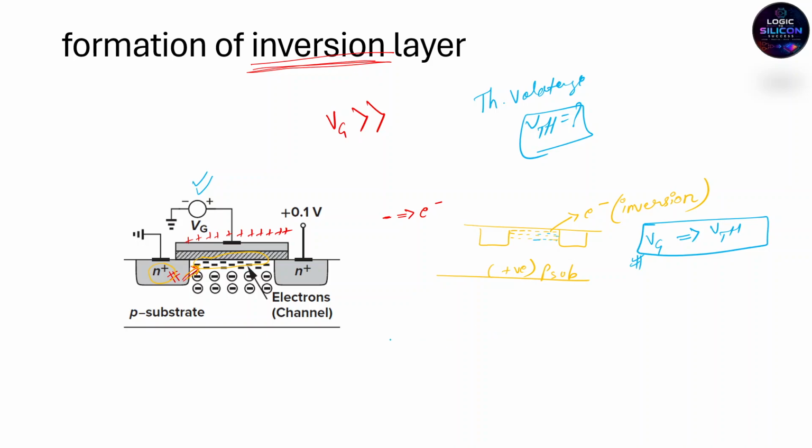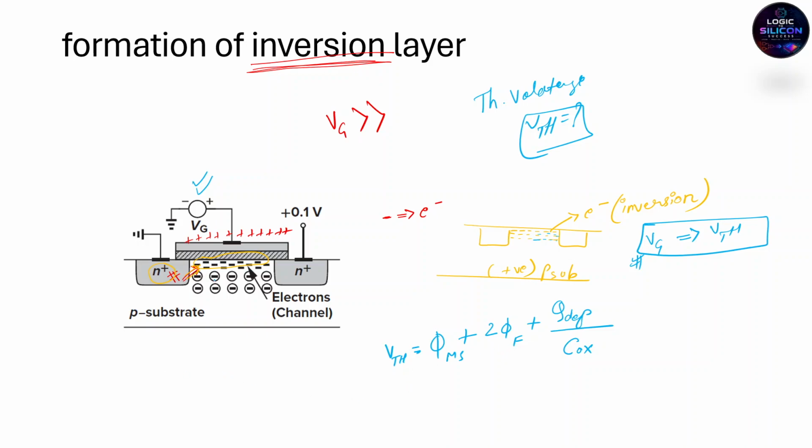There is a famous equation of the threshold voltage which says VTH equals phi ms plus 2 phi f plus Q depletion over Cox.